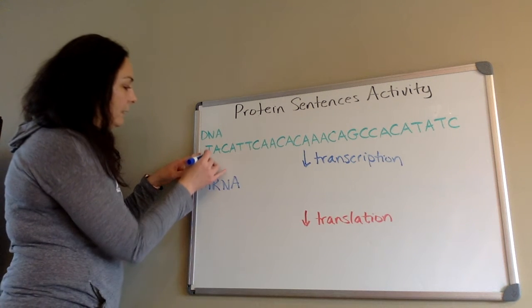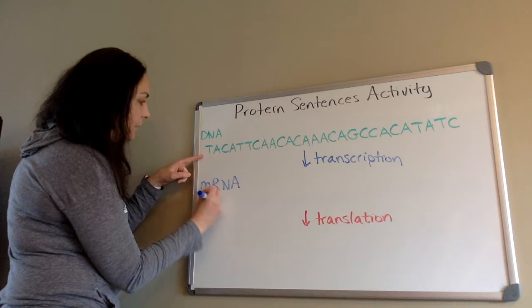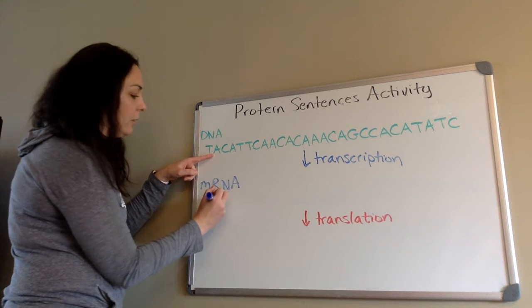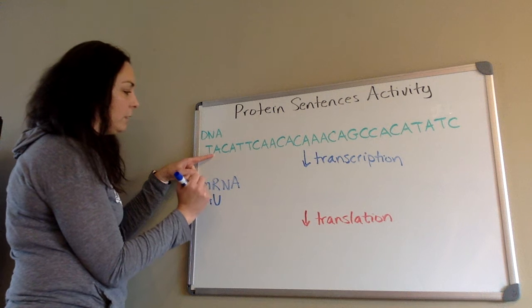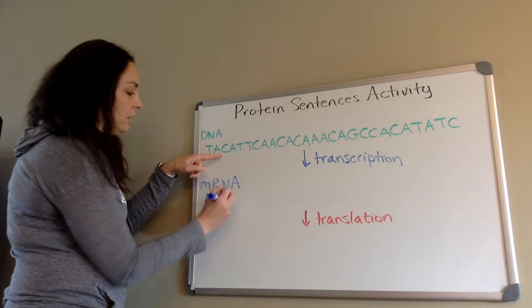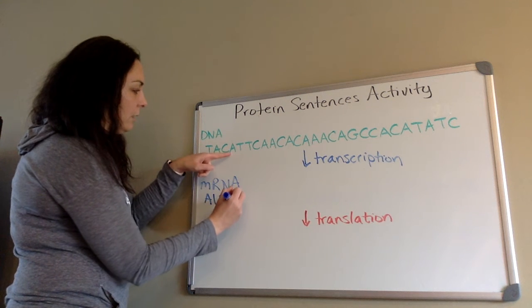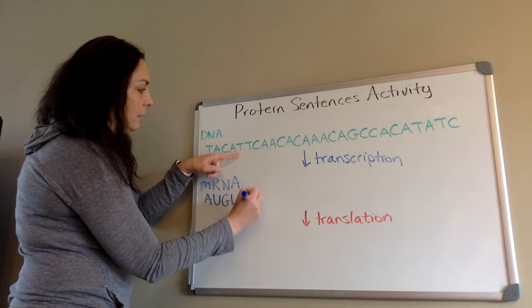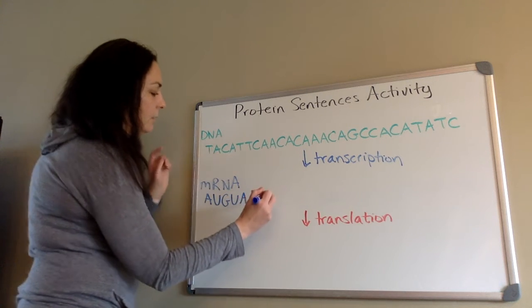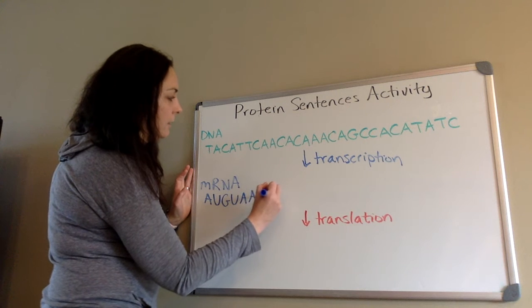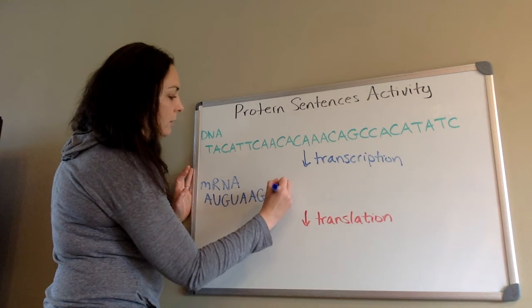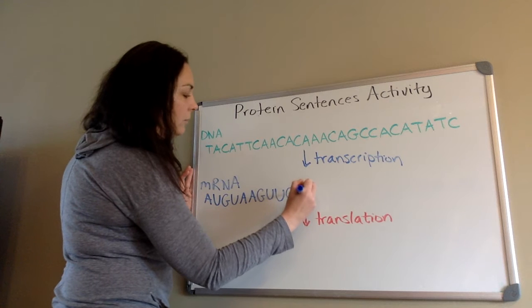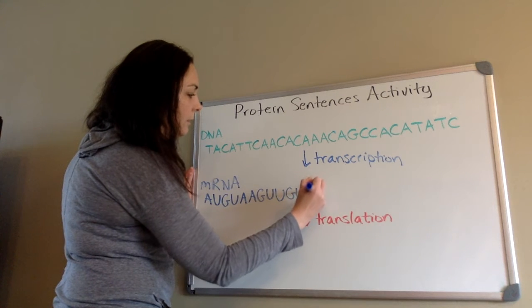So you go through, T's then would pair with A's. A's would pair with U's, since we don't have T's, we have U's instead. C's would pair with G's. A's would pair with U's. T's still pair with A's. So on and so forth, down the entire DNA strand. You can go ahead and work on it on your own while I'm filling it in here.